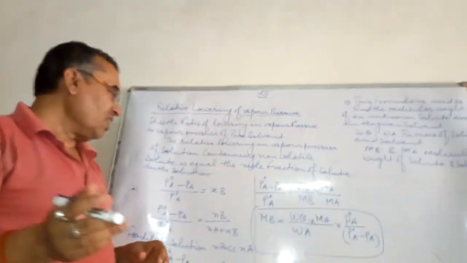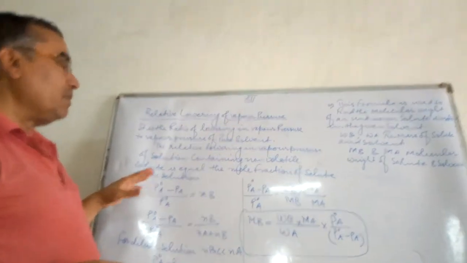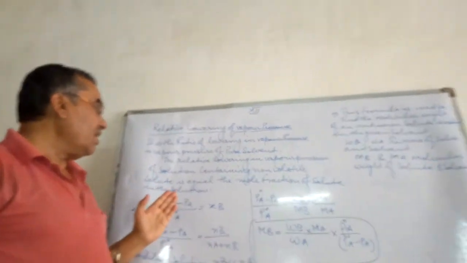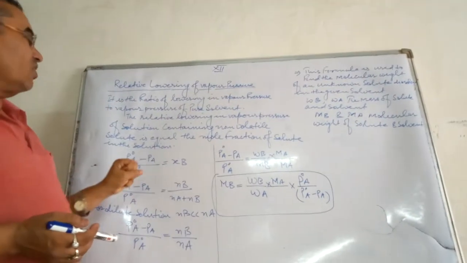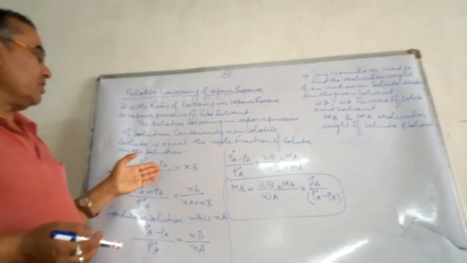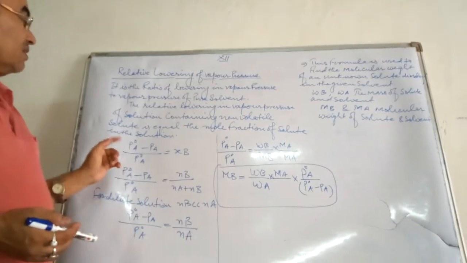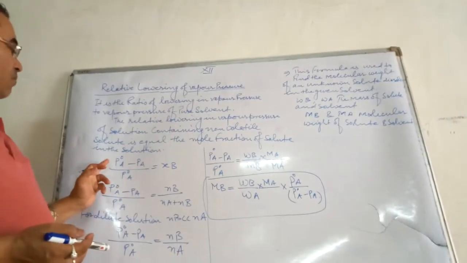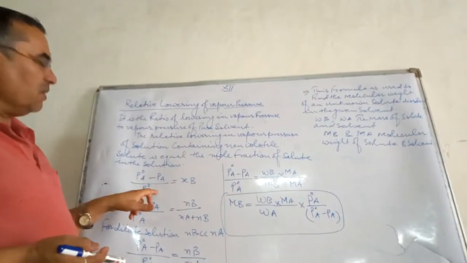Let me consider here the standard vapor pressure of solvent is P0A, correct? And after dissolving the non-volatile solute, the vapor pressure becomes PA. Then the relative lowering in vapor pressure will be considered (P0A minus PA) upon P0A.